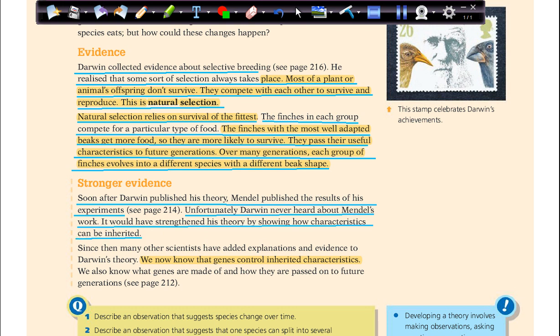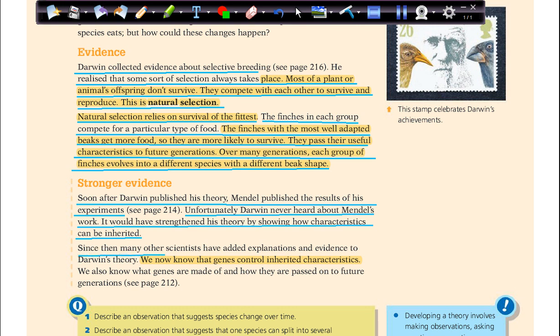So if scientists work together, or hear about other scientists' work, they can be supported by evidence or proven work from other scientists, and they can develop their theories.